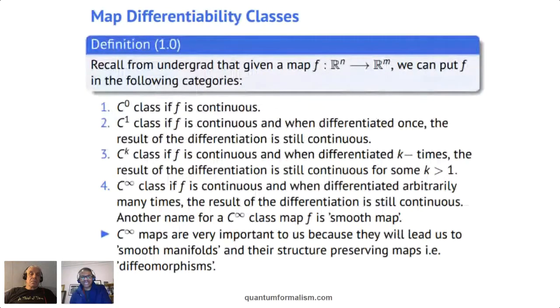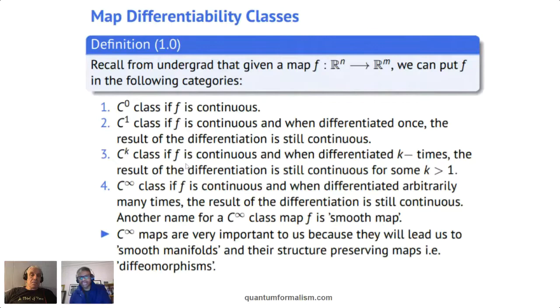This is something that I mentioned also in the last session. So a map from Rn to Rm. If we have a map, we can put them in these categories: C0, C1, and so on. C0 is when f is continuous. If you differentiate once and the result of the differentiation is still continuous, it is C1.